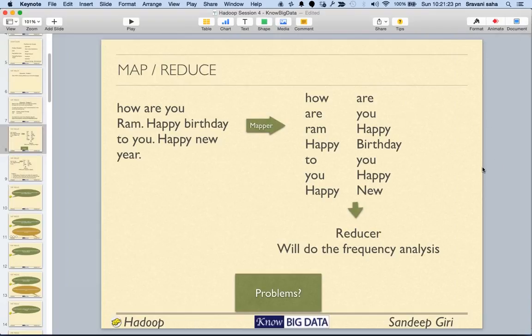Correct. Special handling for the last sentence. Joining of the two different sentences might give you unwanted results. That's correct. Anything else? Do you see a problem here? Anything else?